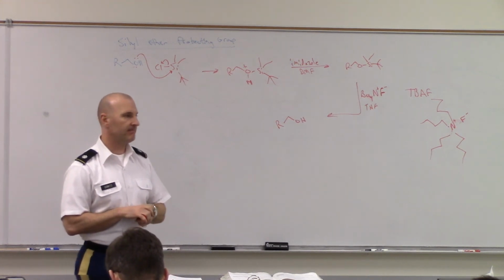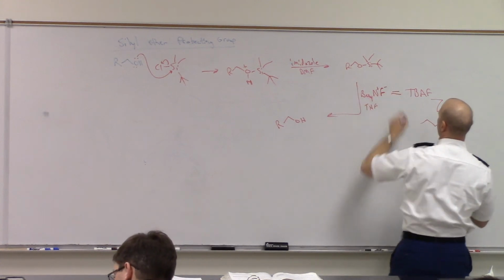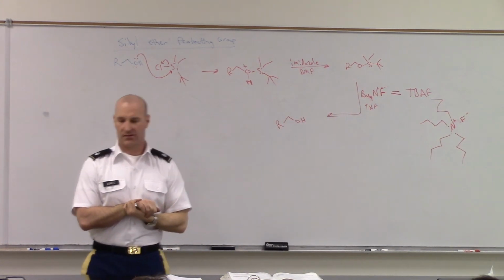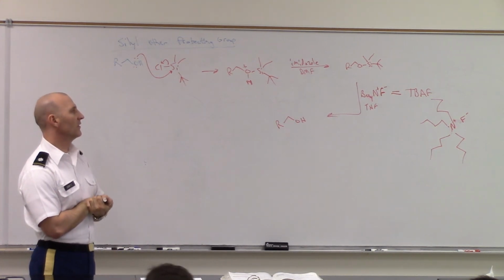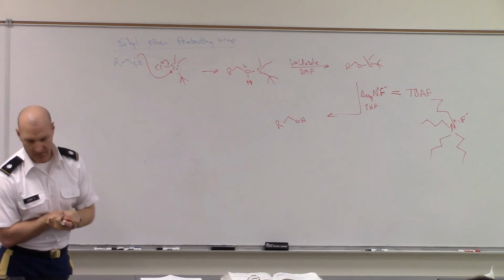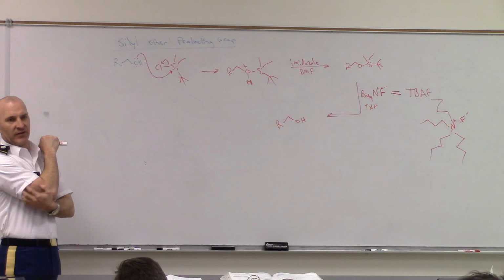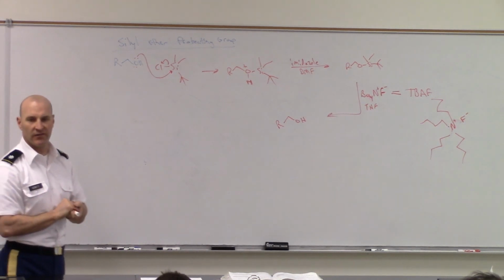TBAF is the same as Bu4N plus F minus. So that's the advantage of using the silyl ether as a protectant. You have a very specific way of taking it off.